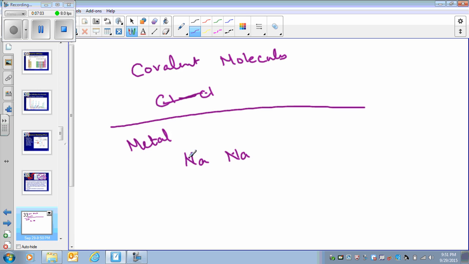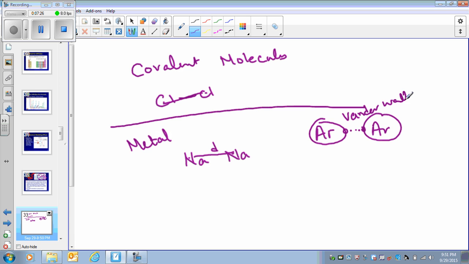Whatever the distance is between the two nuclei in the crystal lattice, that will be the bonded radius. For gaseous atoms, they come close together, and their valence electrons hold each other by van der Waals forces.